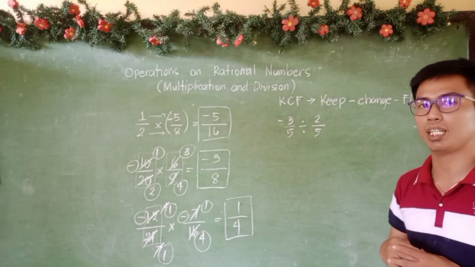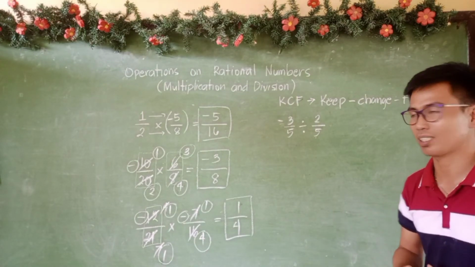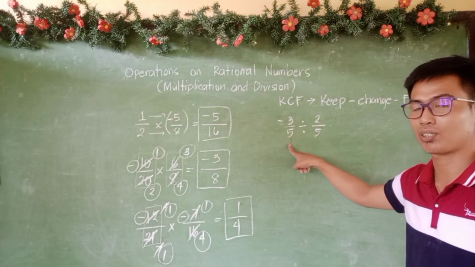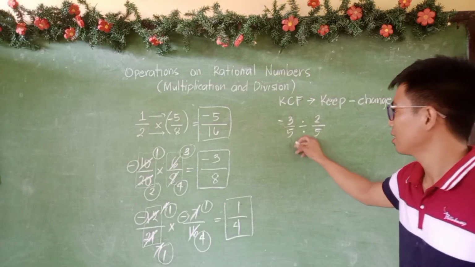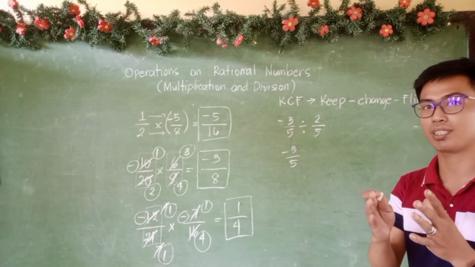So, using the KCF method or the keep, change, flip method, you just need to keep the first fraction or the dividend. So we have negative 3 over 5. That is for the first keep.